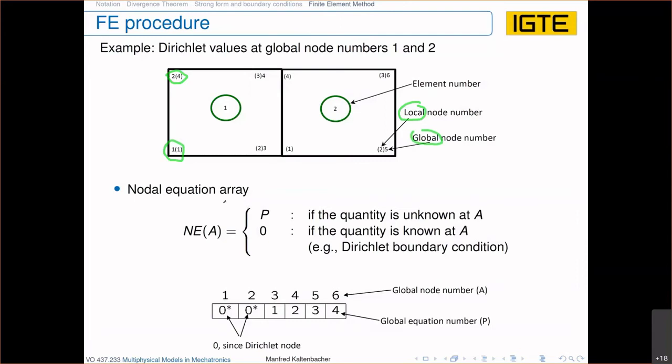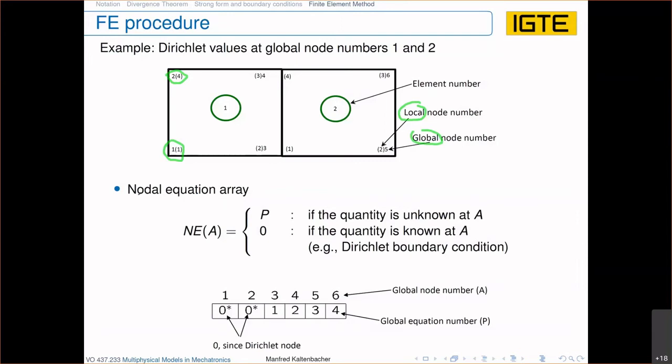As I have told you, we want a simple procedure we can implement on the computer. Once we have computed an element matrix with this mapping concept, the assembly procedure tells us where to put each element matrix entry in the global system matrix.